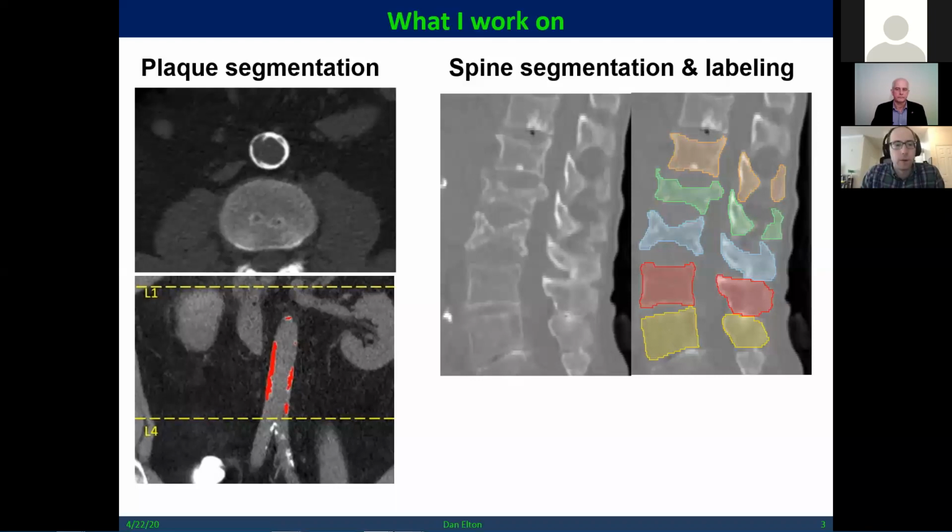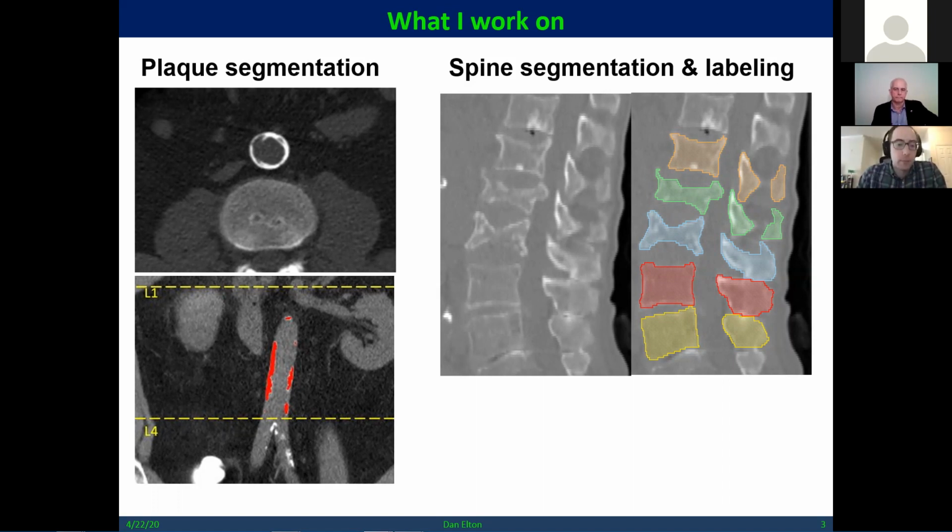And as you can see, there's a bright ring there, which is plaque. So one of the things I work on is developing automated ways of measuring the amount of plaque, and that can be useful for predicting health outcomes, and also reducing the workload for doctors who may have had to do that manually in the past.